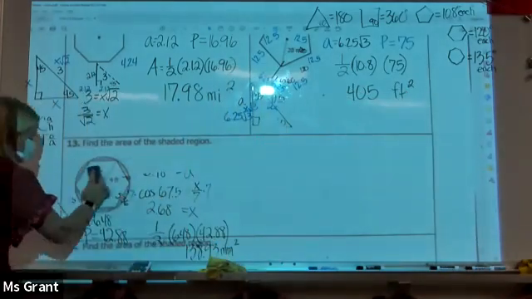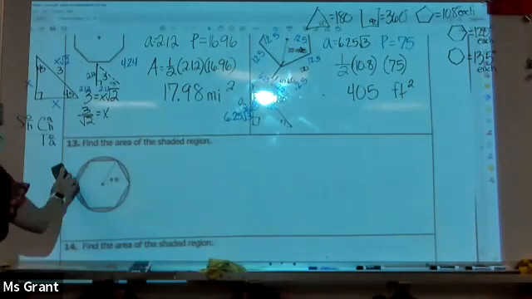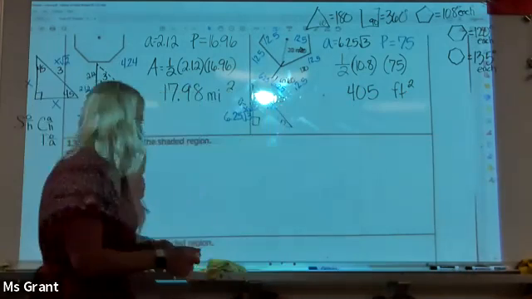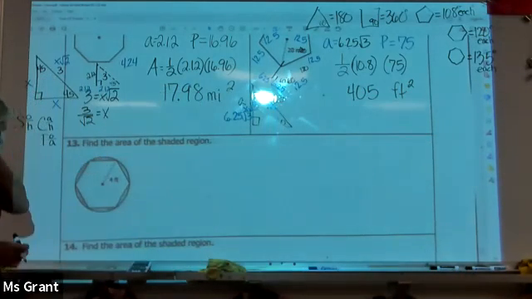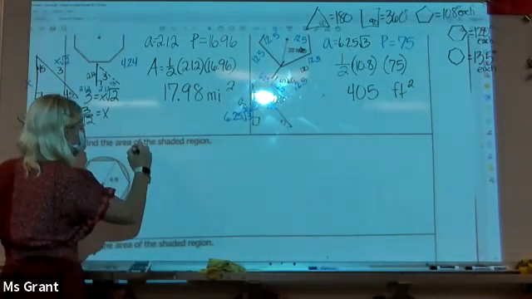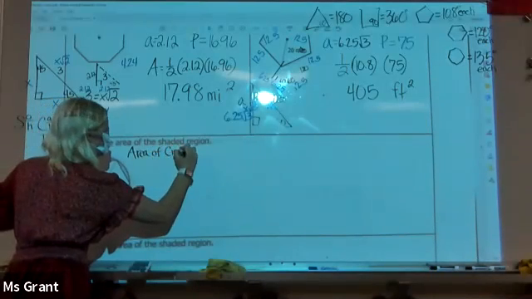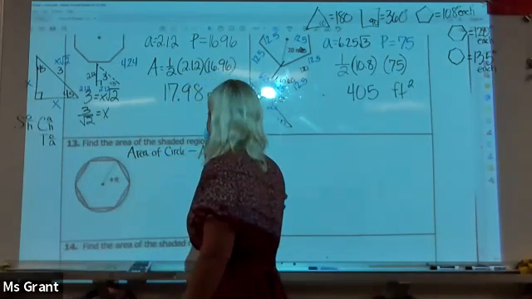So this is something that you can absolutely do. It incorporates last week and this week. If I want to know the area of the shaded region, I have this circle with a radius of 4. So first I have to find the area of the circle.